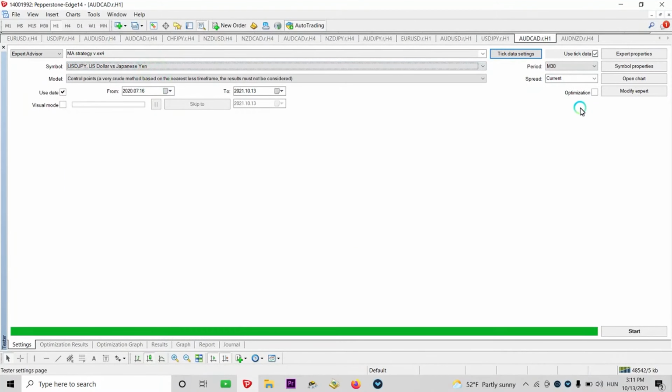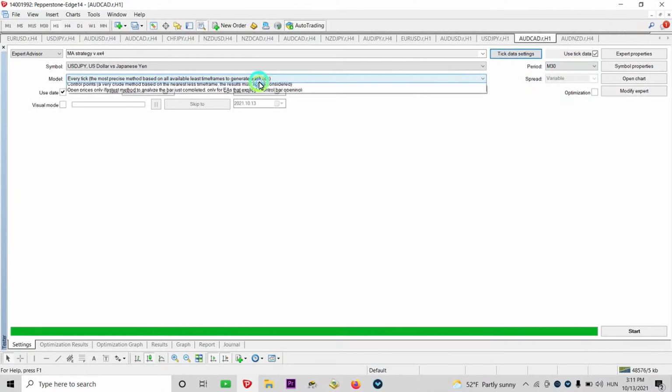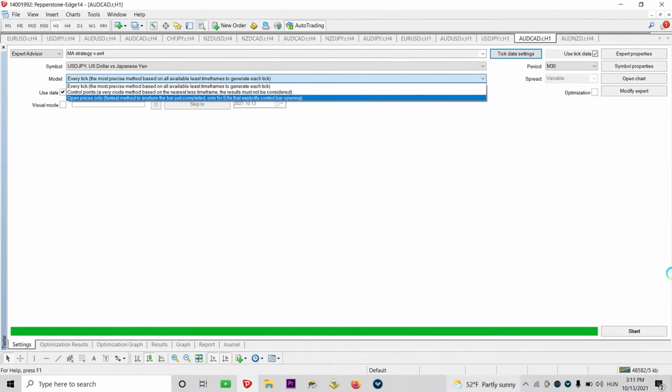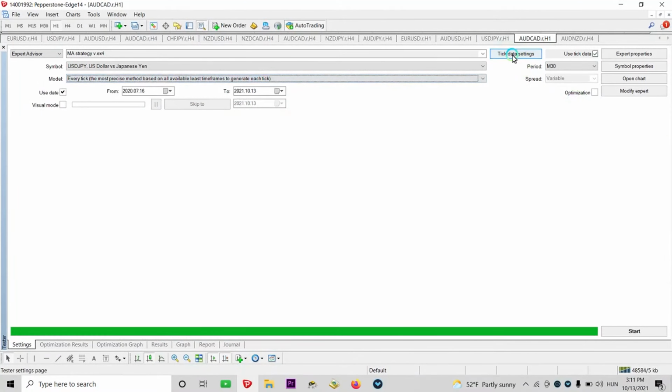And of course, we will be using variable spread and tick data, as you see here. Not just the tick data that is here in MT4, but paid tick data from a really reliable source, actually the most reliable source. So I want to do all the tests as close to reality as possible.